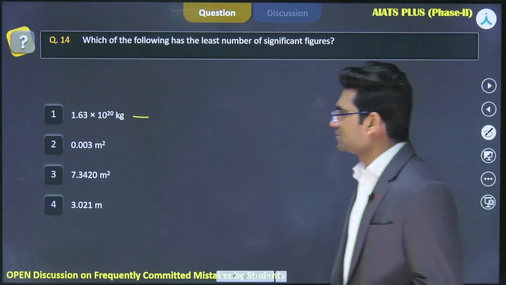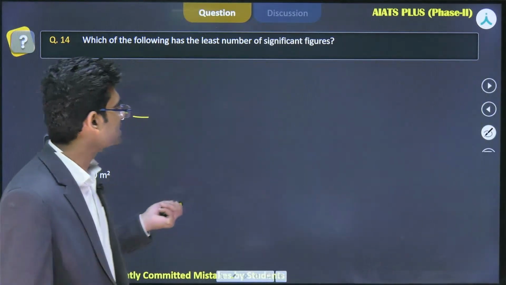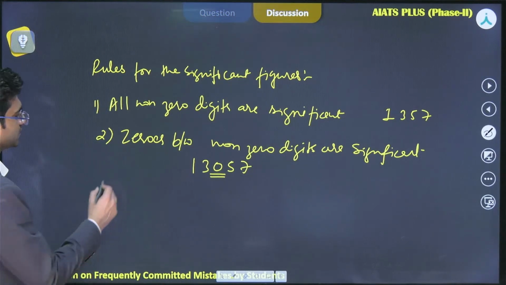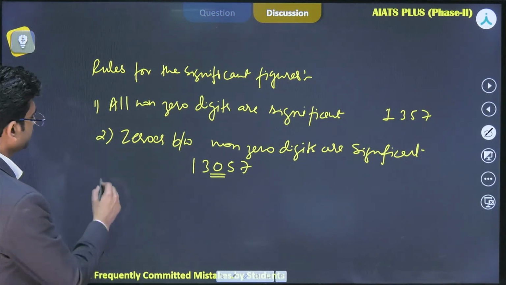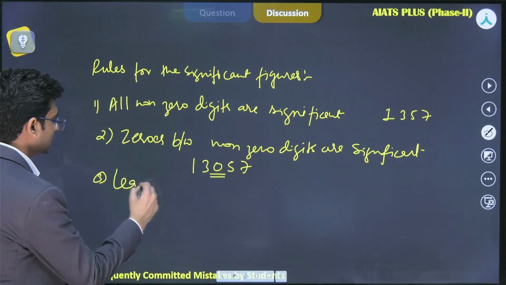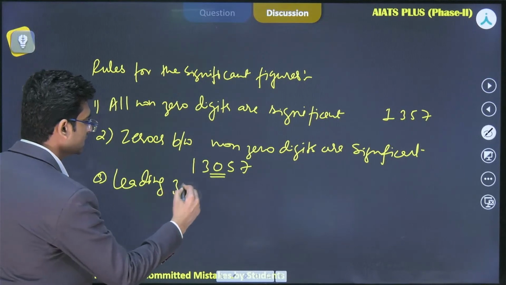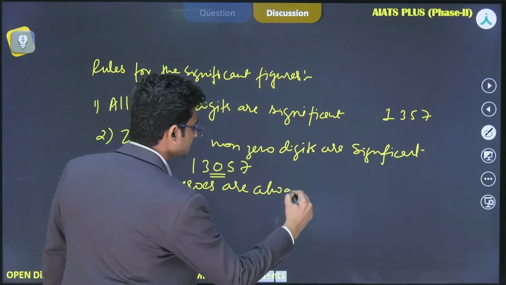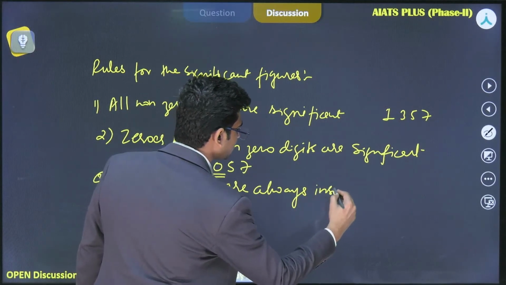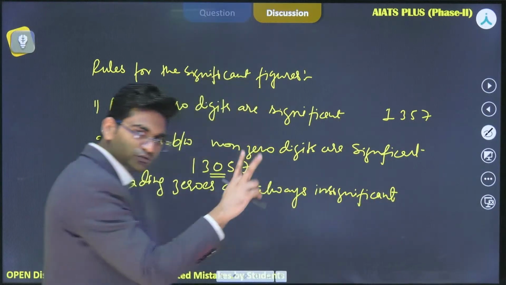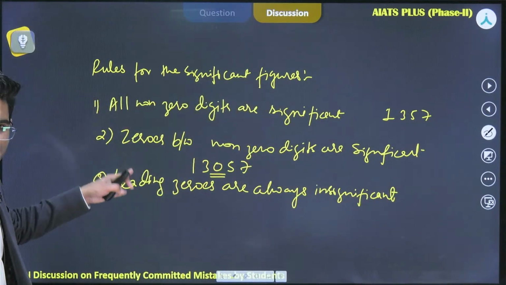Let's revise these rules first, then we will try to solve that question. So this is the second rule. What about the third rule? The third rule says leading zeros are always insignificant. So there are two rules with regards to 0 here.